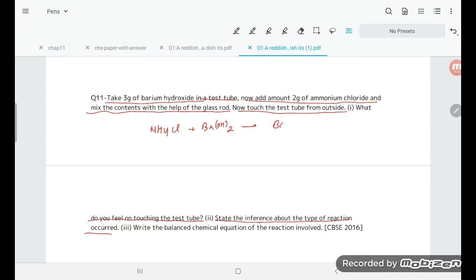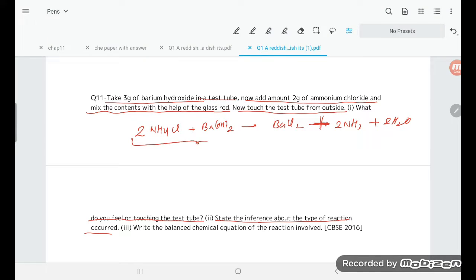So what is going to be given, student? Barium chloride, which means you need to take this 2, 1. Then ammonia NH3 will be formed. This is the plus sign. And what other thing is going to form? Water molecule is going to form.